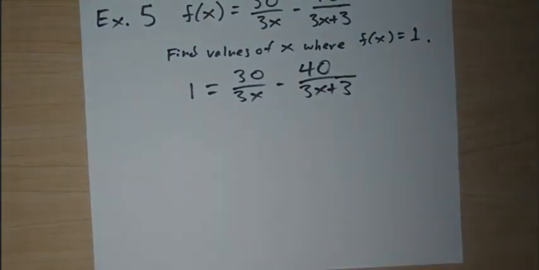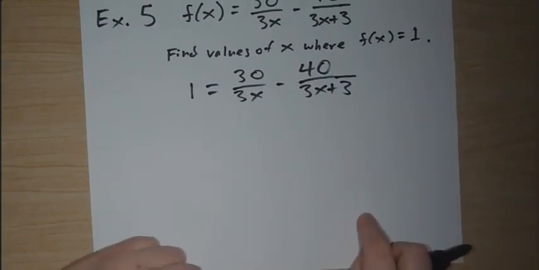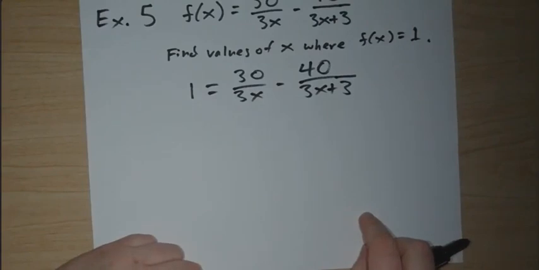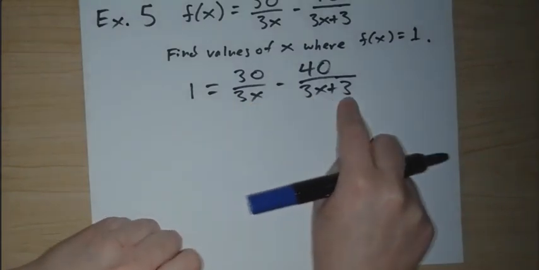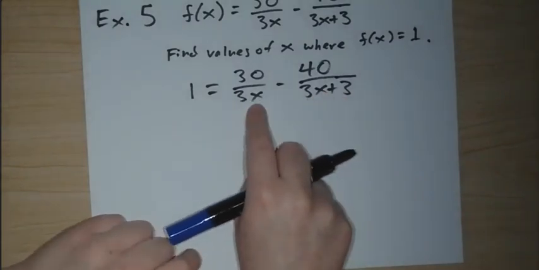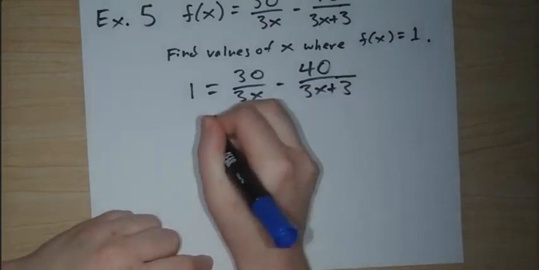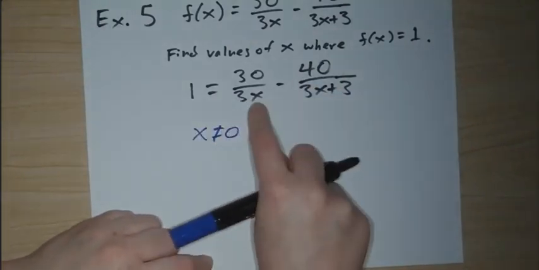So what we're going to note first is what our x cannot be. We know that when we have a number divided by 0, it'll be undefined. So 3x cannot be 0, and 3x plus 3 cannot be 0. If 3x cannot be 0, then x cannot be 0 for this fraction.